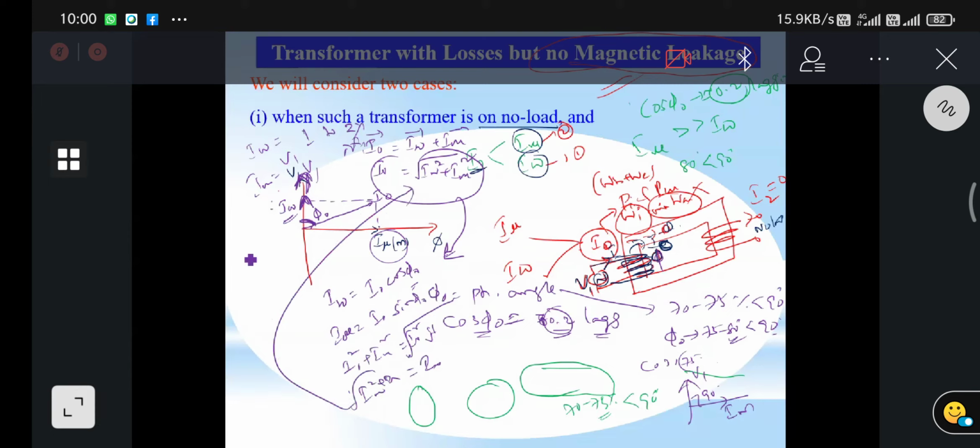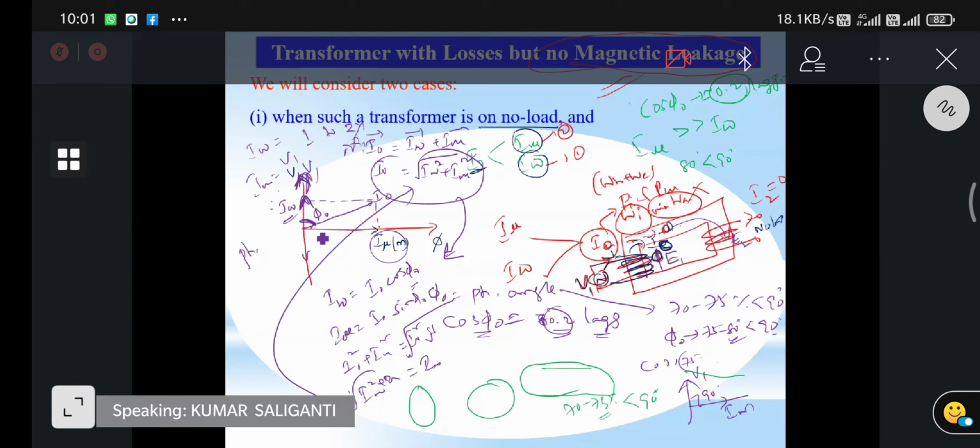Okay, this is the phasor diagram for the no load transformer. Now we can see the EMF E1 and this flux. This magnetizing component of current produces the flux, which links with the primary, so a self EMF is induced in the primary, and when it links with the secondary, a mutual EMF is induced. So E1 always lags phi by 90 degrees, or Im by 90 degrees, and E2 also the same.